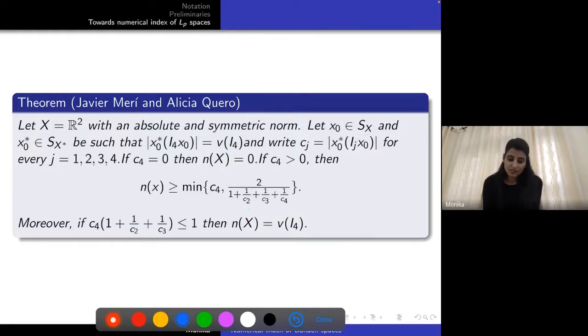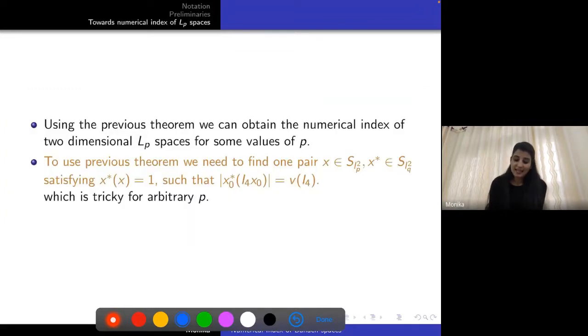Using this theorem, we can find the numerical index of the sum of two-dimensional LP spaces. But as I said, we need to find x and x star such that x star x is 1 and x naught star I4 of x naught coincides with VI4, which is very tricky.